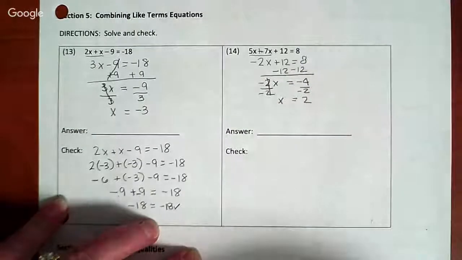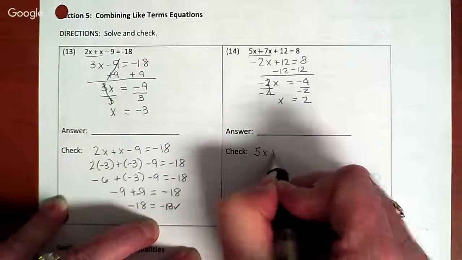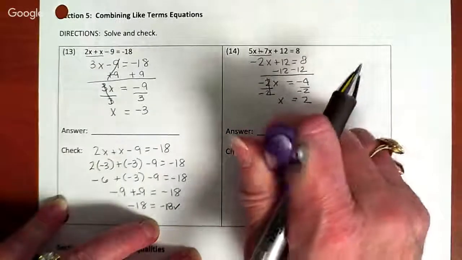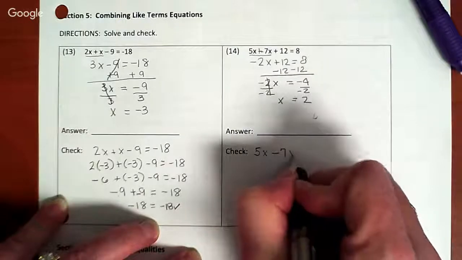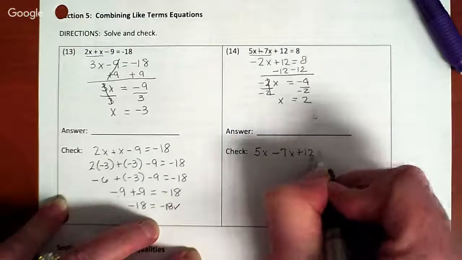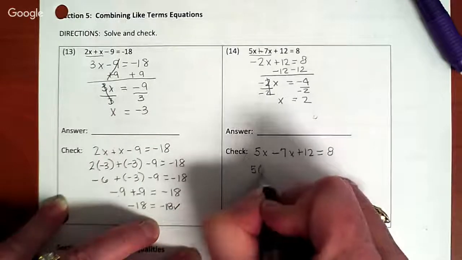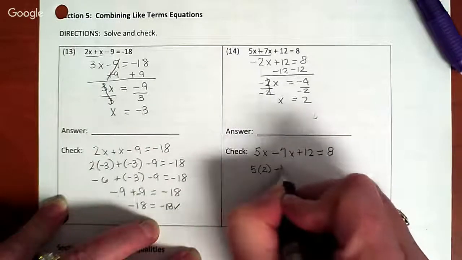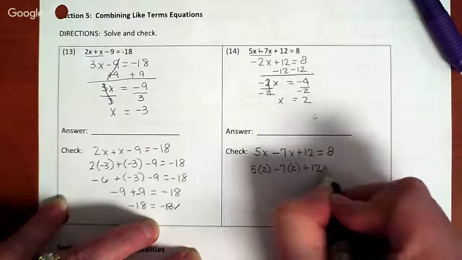So putting this into our check, we have 5x minus 7x plus 12 equals 8. So we have 5 times 2 minus 7 times 2 plus 12 equals 8.